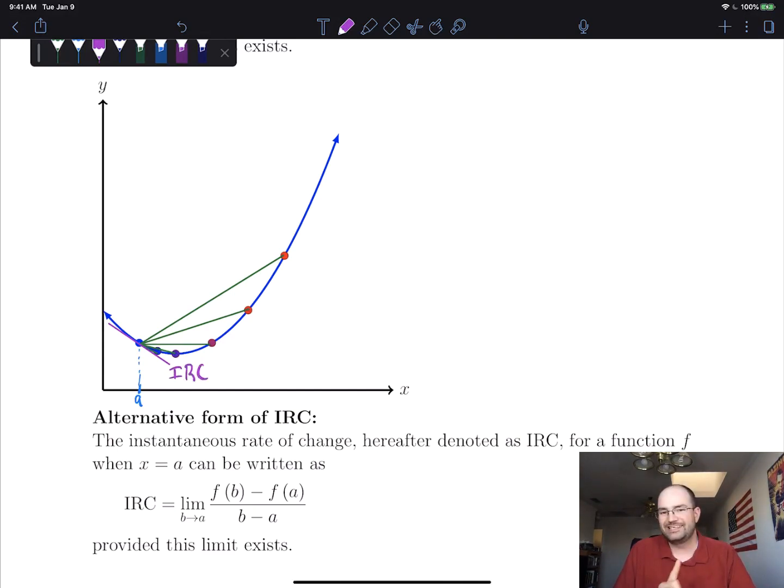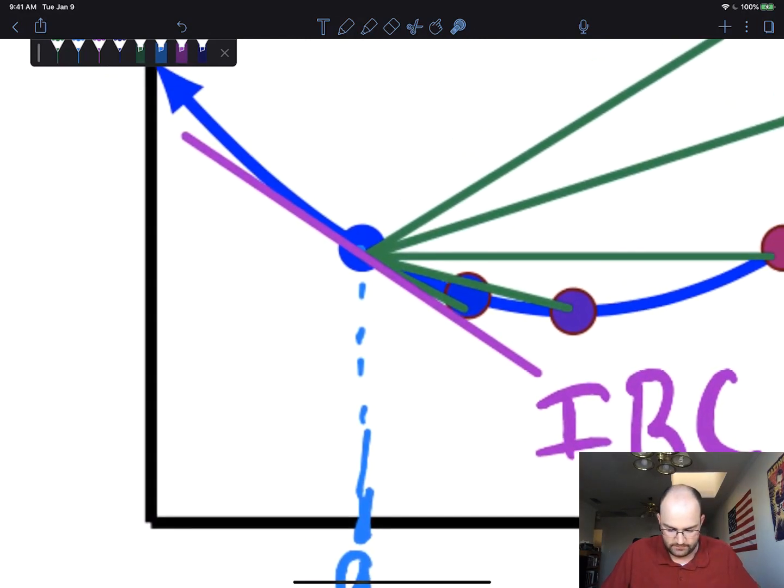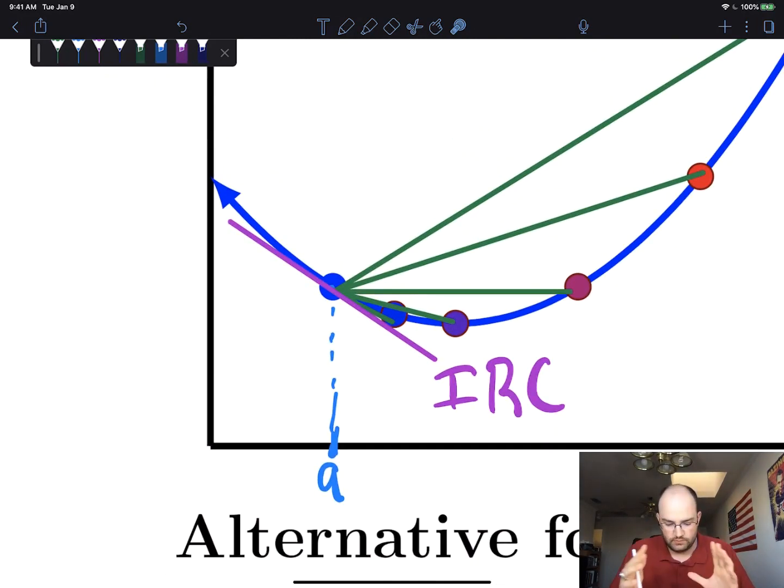The reason it's the instantaneous rate of change is because it's the tangent line. It's a better term for it. You'll see why after a little while here. But it is what the function is doing if you zoom in a lot right there. If you zoom in really, really close, it's going to look basically like a flat line, just like this. The tangent line will just graze the function at that point and then keep going like that.